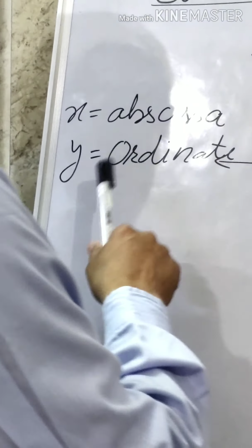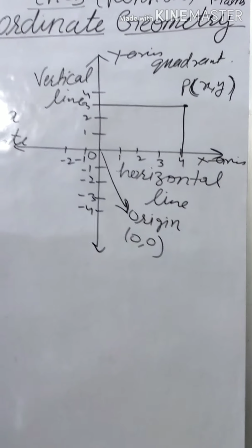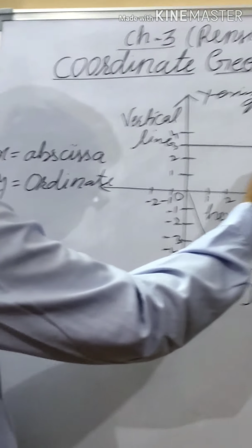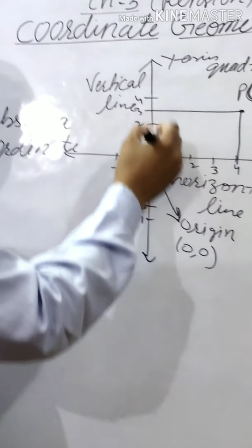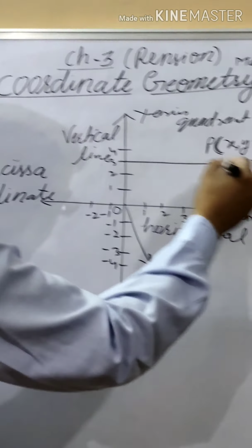So x is called abscissa of a point and y is called ordinate of a point. In this way we can take the position of a point. If I write the position, what is x here? It is 4. And y, you see on the y-axis, this is 3. So coordinates of point P you can say are 4 and 3.